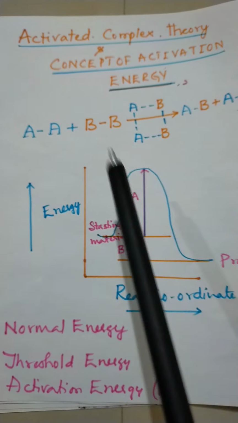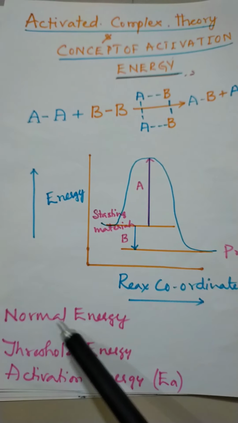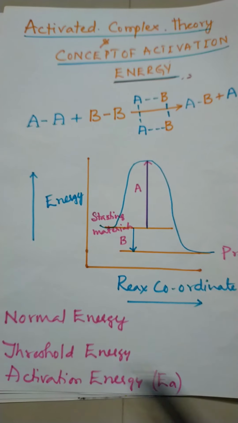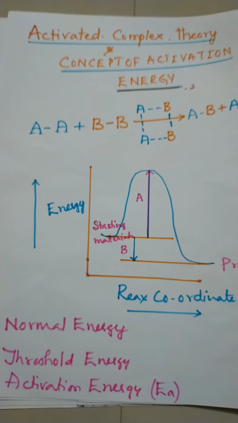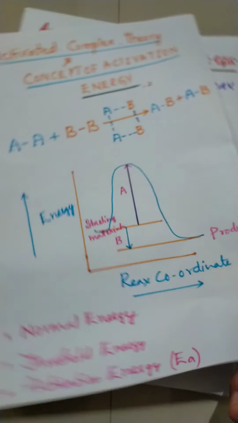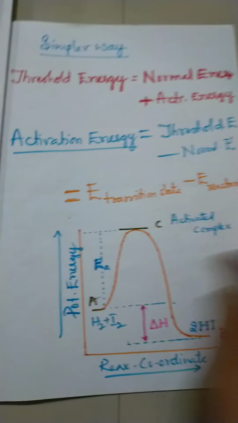So here is the activated complex theory. You have to know the normal energy, threshold energy, and activation energy, EA. So let me go to another graph, another graph about how the activated complex comes. Here is another thing.